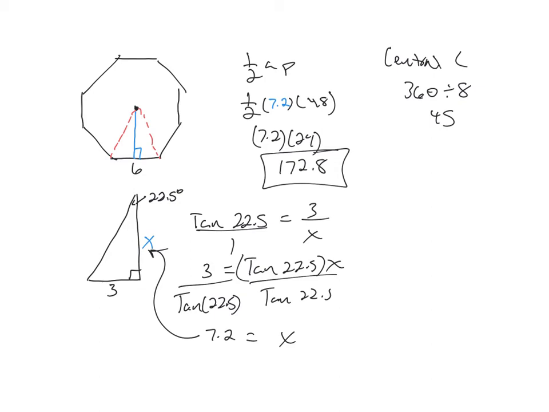Okay, so when you have to find the apothem, almost always you're going to have to do some form of sine, cosine, or tangent. Now, there is another way, depending on the information given to you. So we can kind of go back to that. So let me show you that option as well.